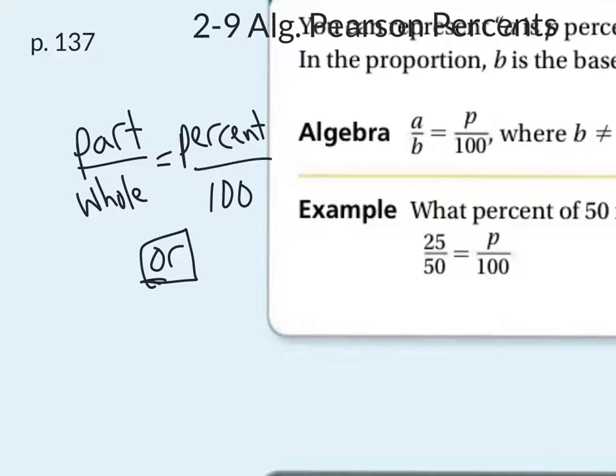Another way that seems to follow along with how these problems work, I'm not a big fan of this, but if you look at the problem and look for the words is over of equals percent over 100, that's another way we can get these proportions set up.